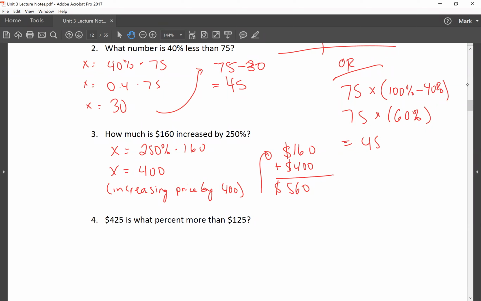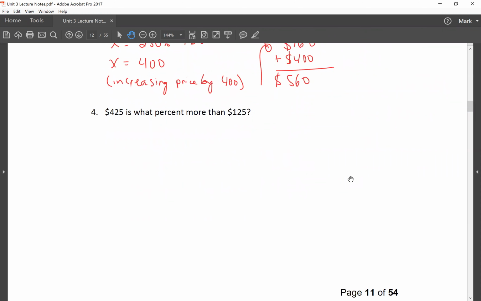So if anybody was looking at the chat there and they noticed a few students had 560, that comes from the 400 is the price increase, and then we have to add that to the original price. Hopefully, when you guys are using these numbers, like your pharmacy technicians, the cash register can do this. Most of these percent discounts are done automatically.